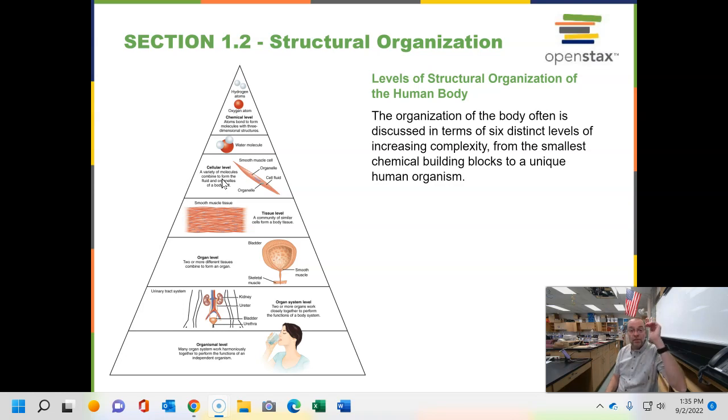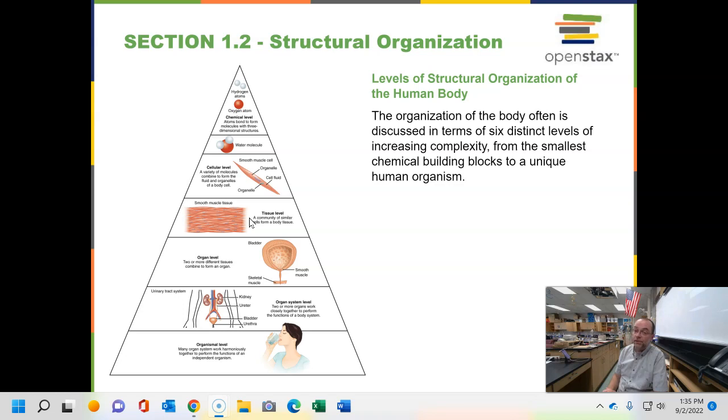So we go from atoms to molecules to organelles to cells, and then similar kinds of cells make up what we call tissues. And tissues are a building block of organs. For example, different organs would be like your brain, your skin.